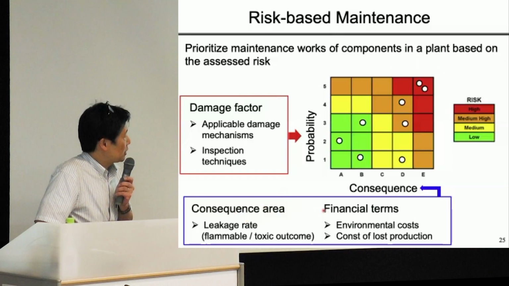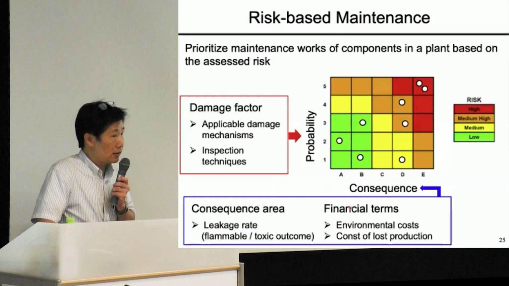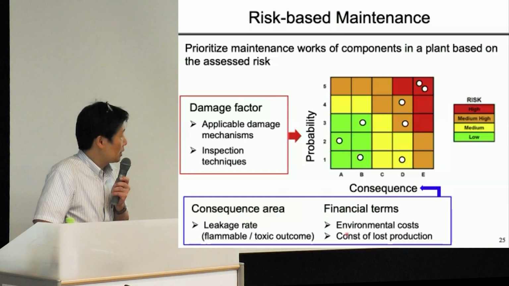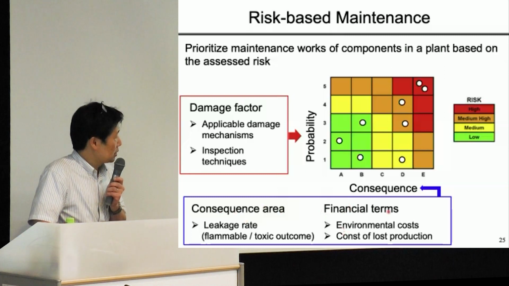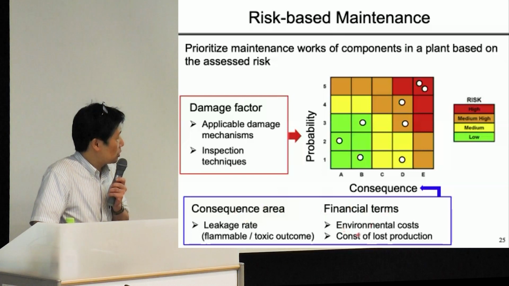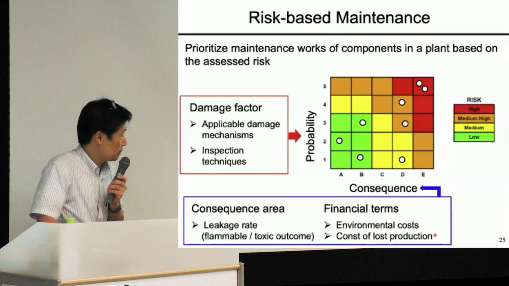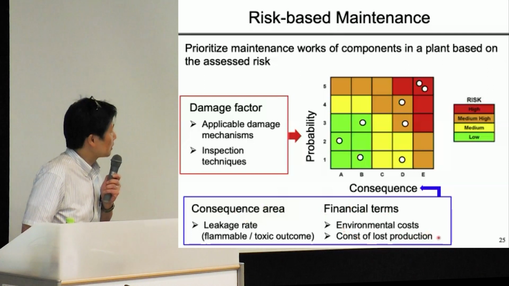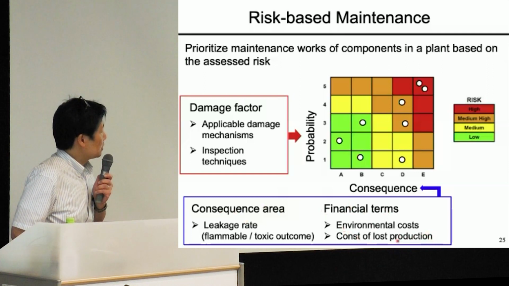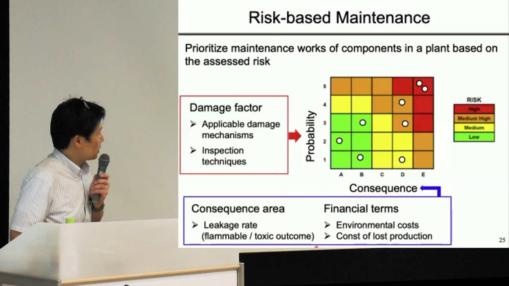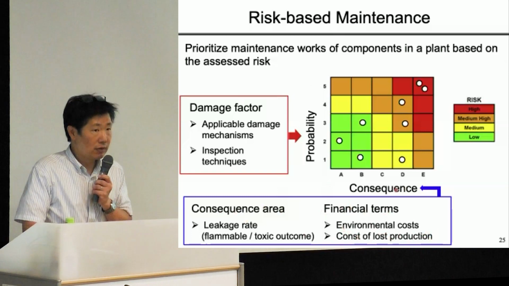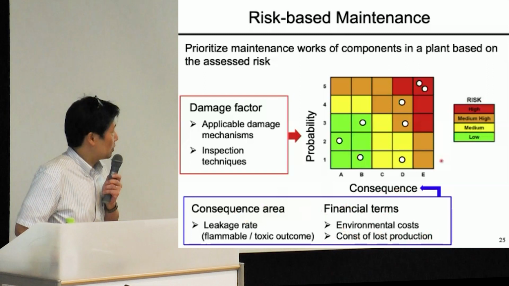And also we should evaluate the financial aspect. For example, environmental cost, and also the cost of loss of production due to the termination, shutdown of the plant. Due to these two factors, we can evaluate a consequence of failure.